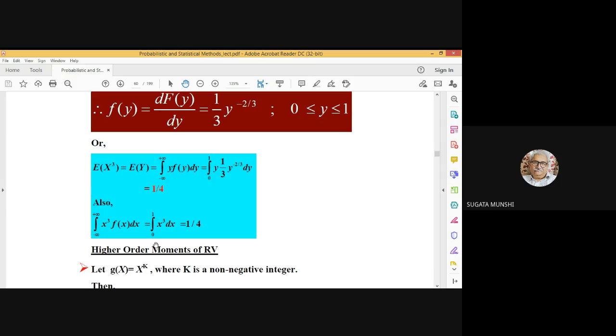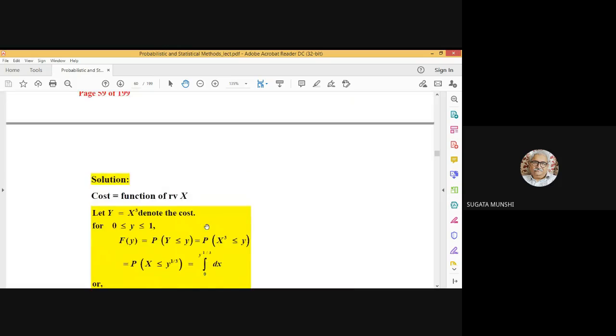So it is 0 to 1 x cube dx. So it is coming out as 1 by 4. Same result. Both yield the same result. So that is an illustration of the law of the unconscious statistician.